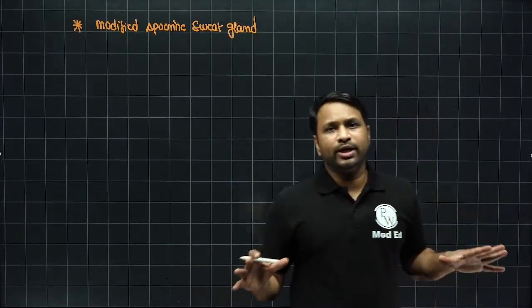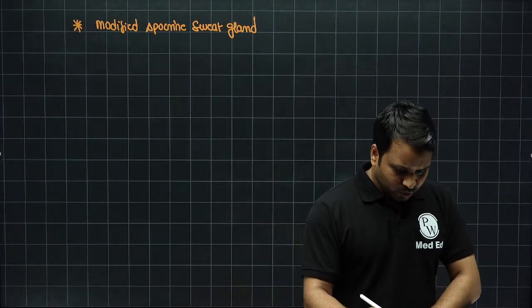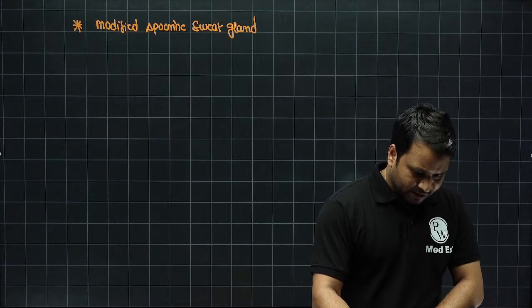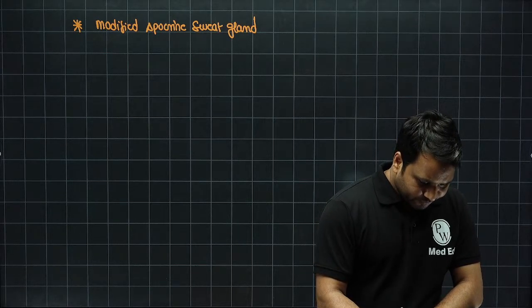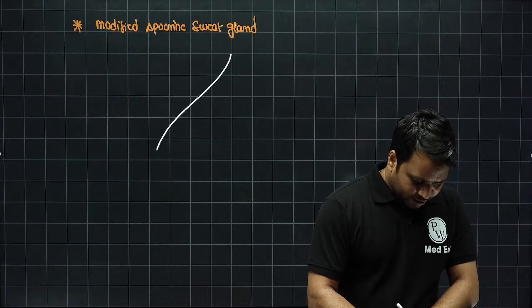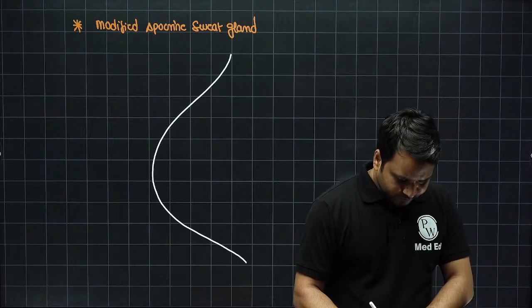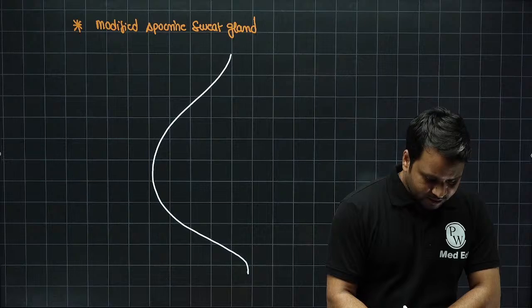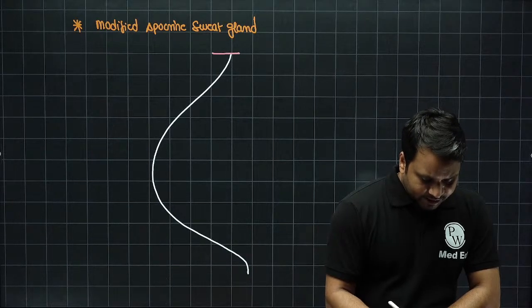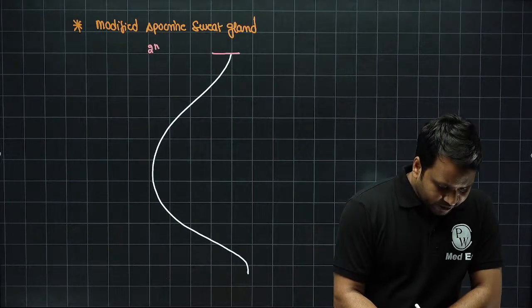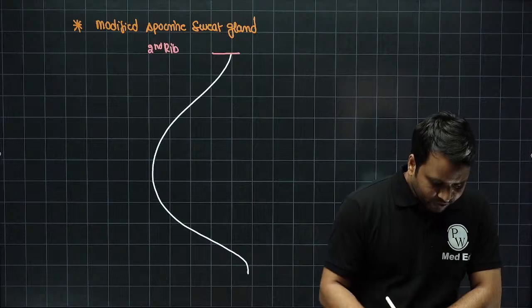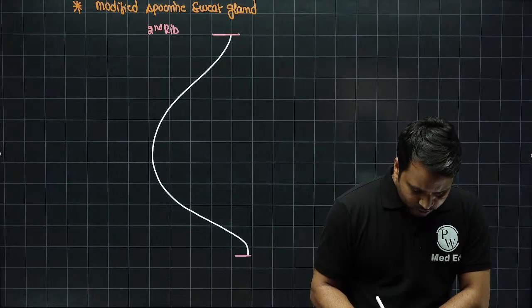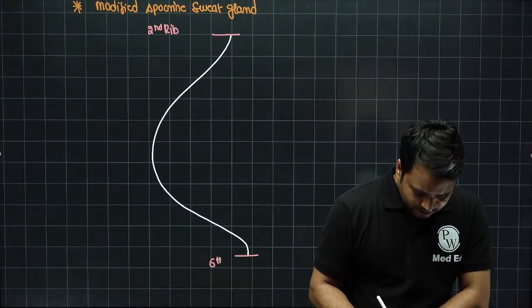Now look at the orientation of the breast. The breast is going to have a craniocaudal extension like this. So look at the extent of the breast. The upper, cranial extent starts from the second rib and extends all the way to the sixth rib.